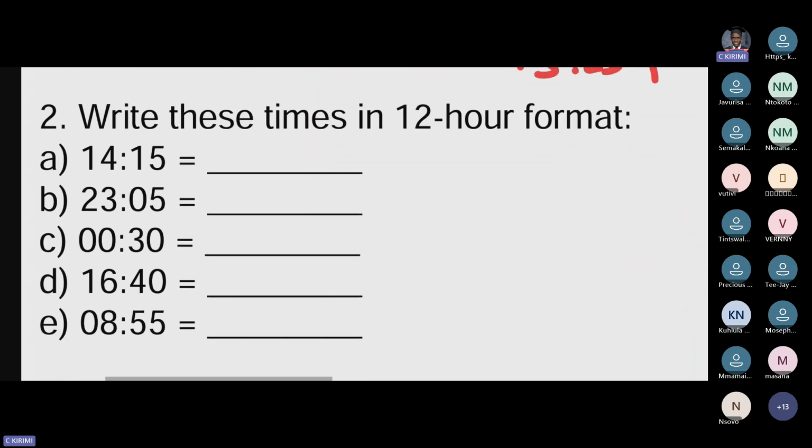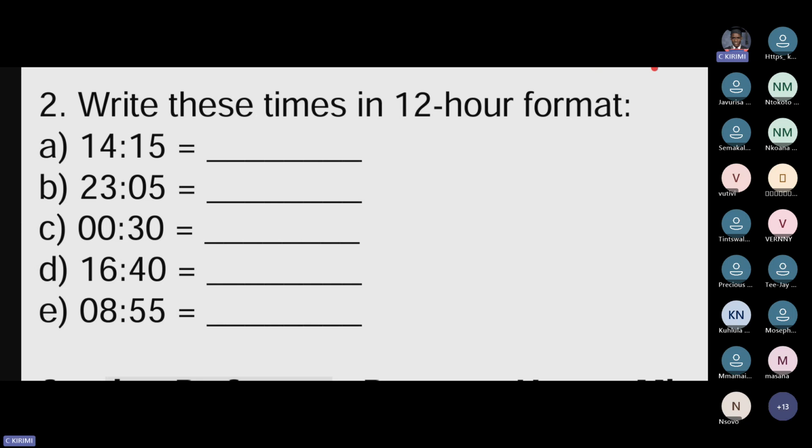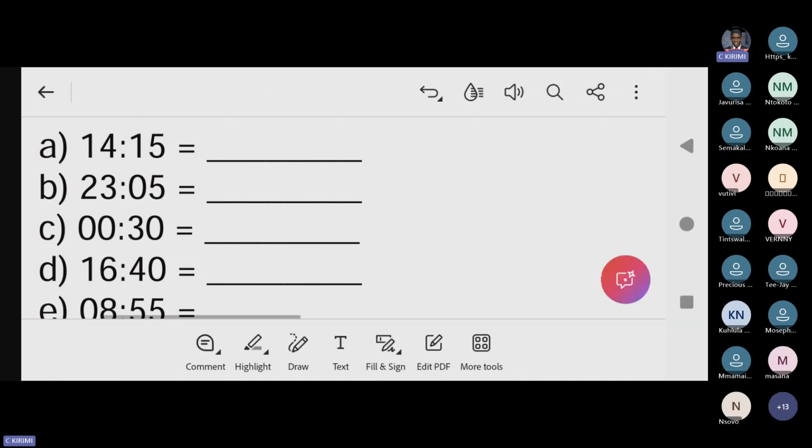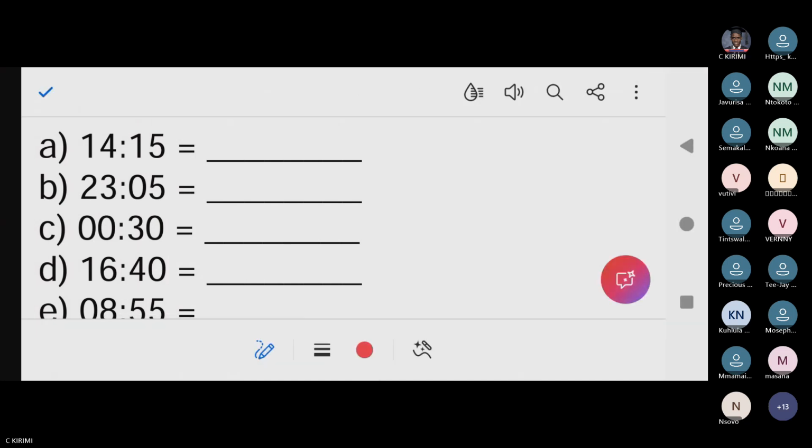Then now we are writing these times in 12-hour format. Which means we are doing the reverse. Where you have been adding, now you are subtracting. How many hours past noon? For example, we know 14:15 has passed noon by 2 hours 15 minutes.